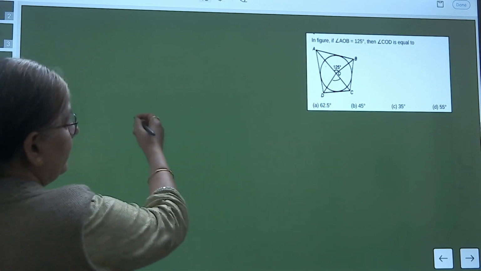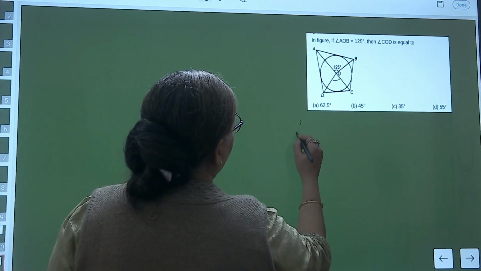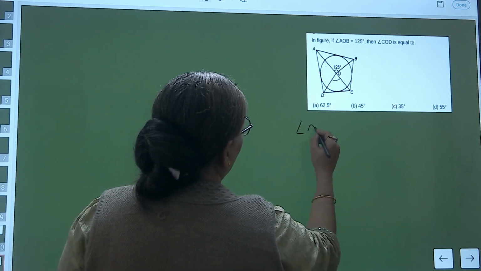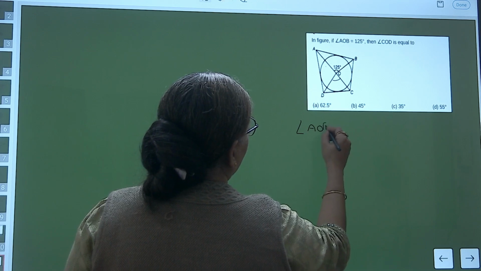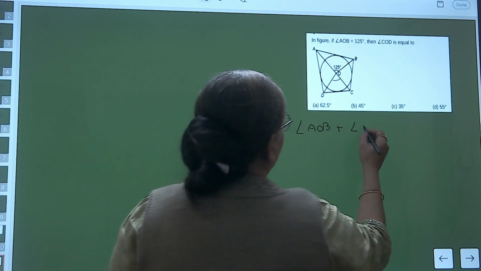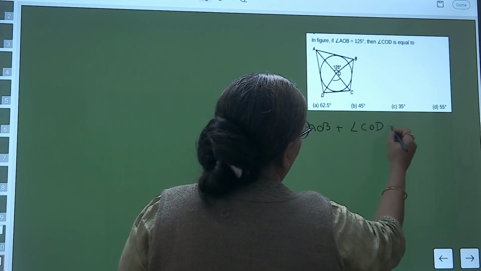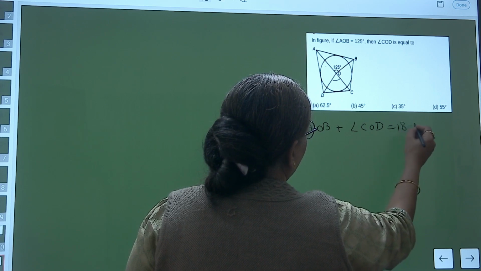So, I'll write down the statement in simple words. It means angle AOB plus angle COD will be equal to 180 degrees.